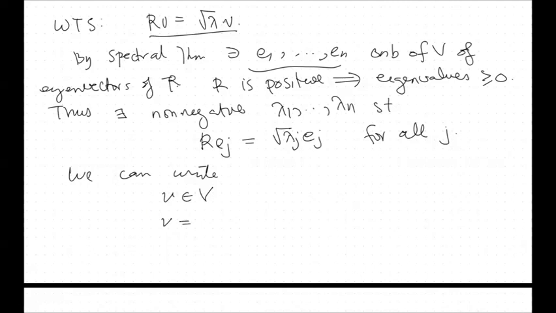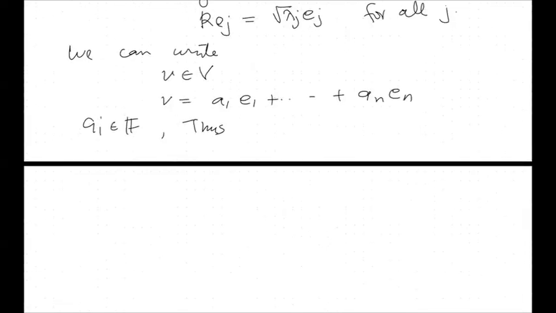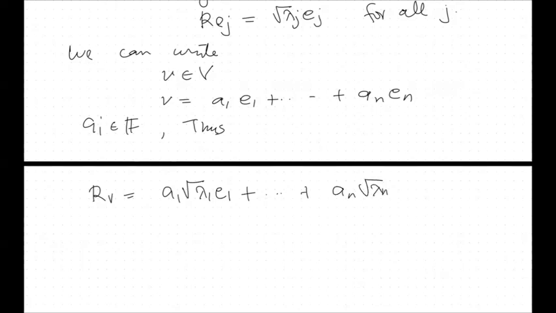We can write our vector in the vector space as follows. So v is just a linear combination of the orthonormal basis elements, v equals a1 e1 plus up to an en, and of course these a_i are field elements. Thus, your R of v is just a1 square root of lambda 1 e1 plus an square root of lambda n en.